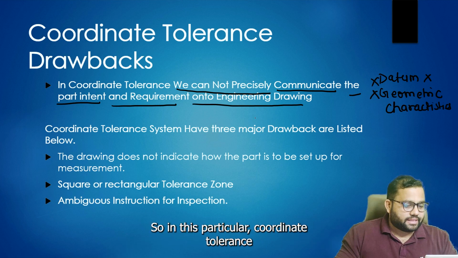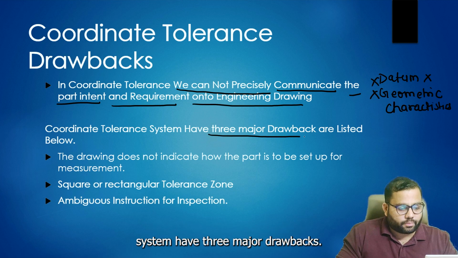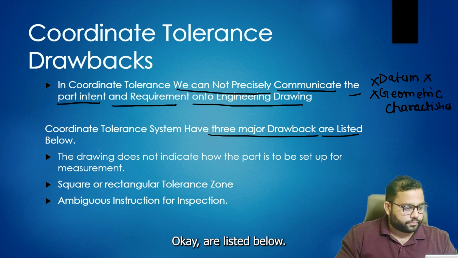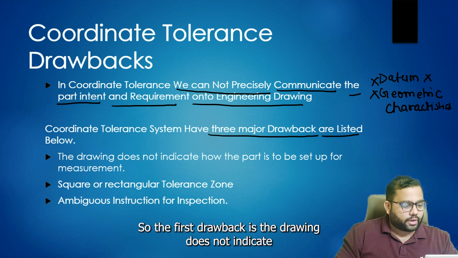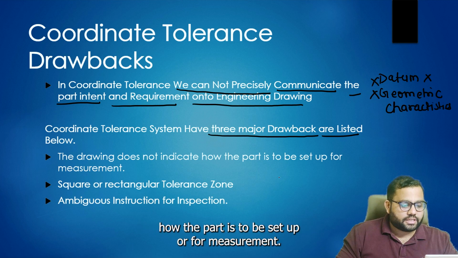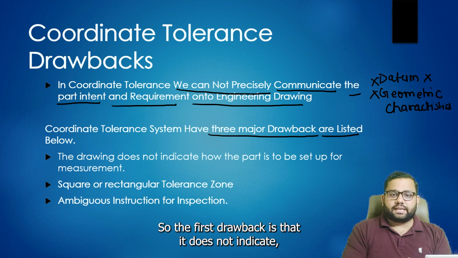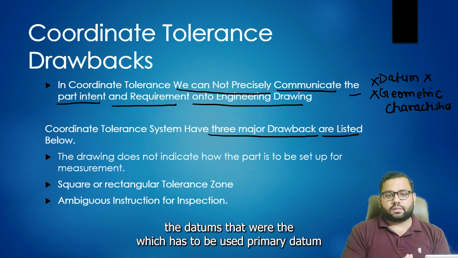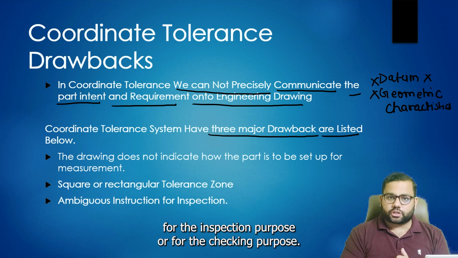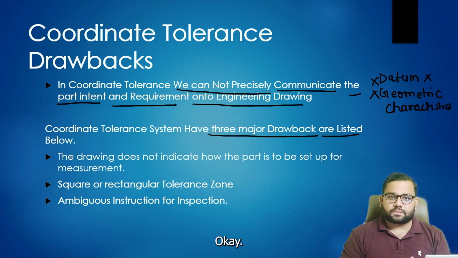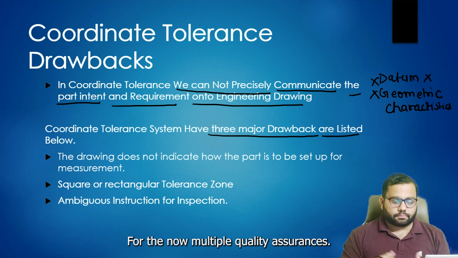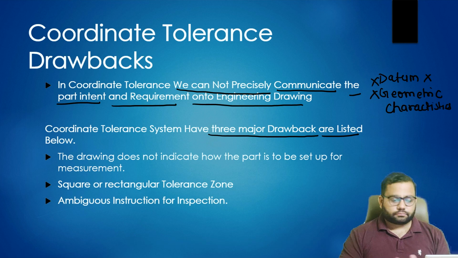So the coordinate tolerance system has three major drawbacks, listed below. The first drawback is that the drawing does not indicate how the part is to be set up for measurement. It does not indicate which datum has to be used, the primary datum for inspection or checking purposes, or for quality assurance.